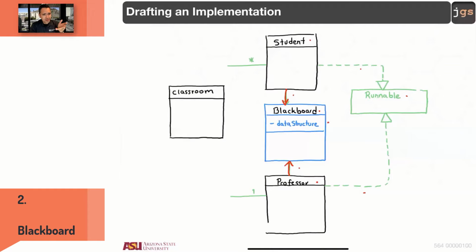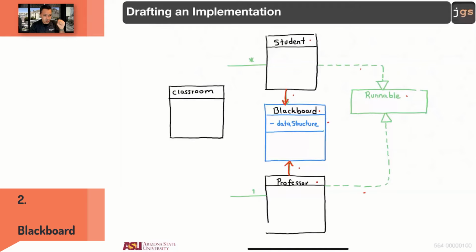You can do it, but think about the semantics. If I use inheritance and I make Blackboard inherit from student, or student inherit from Blackboard, semantically it's kind of weird. I mean, the student is a child of the Blackboard, or the Blackboard is a child of the student. Doesn't matter which direction you use, it just sounds weird, right?